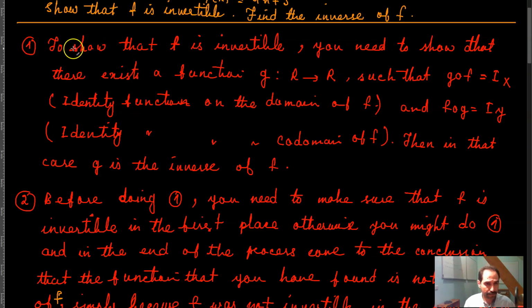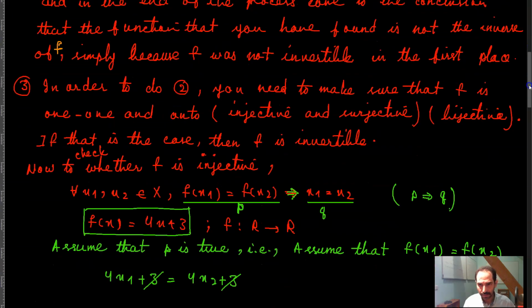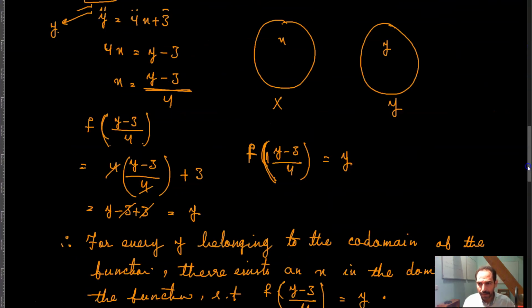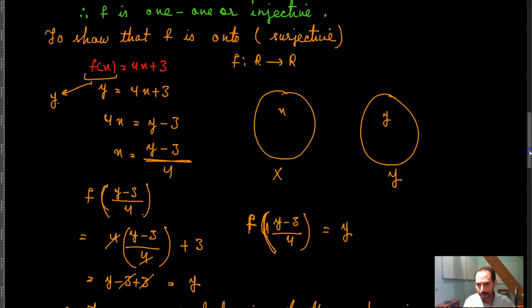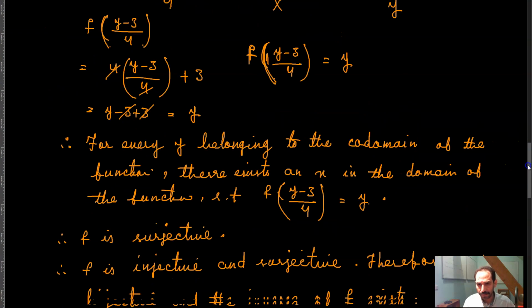Which is basically, we said that to show that f is invertible, you need to show that there exists a function g from R to R, such that g of f is equal to I of x and f of g is equal to I of y, right? So now the step number 1.